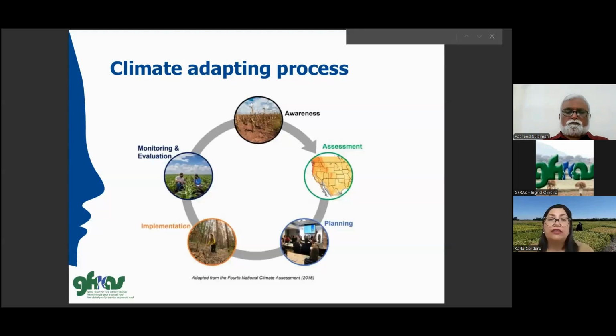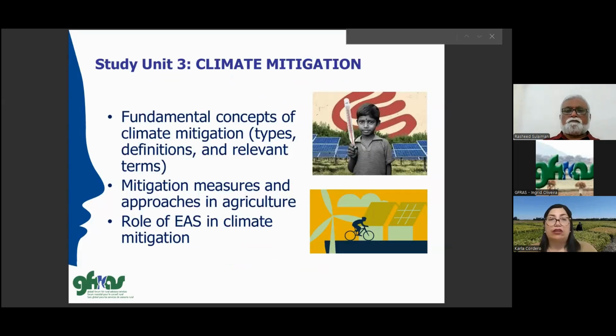So here you have a scheme of the climate adaptation process. We have to have awareness about the situation, assess it, plan certain actions, do the implementation, and then do the monitoring and evaluation and continue doing this cycle.